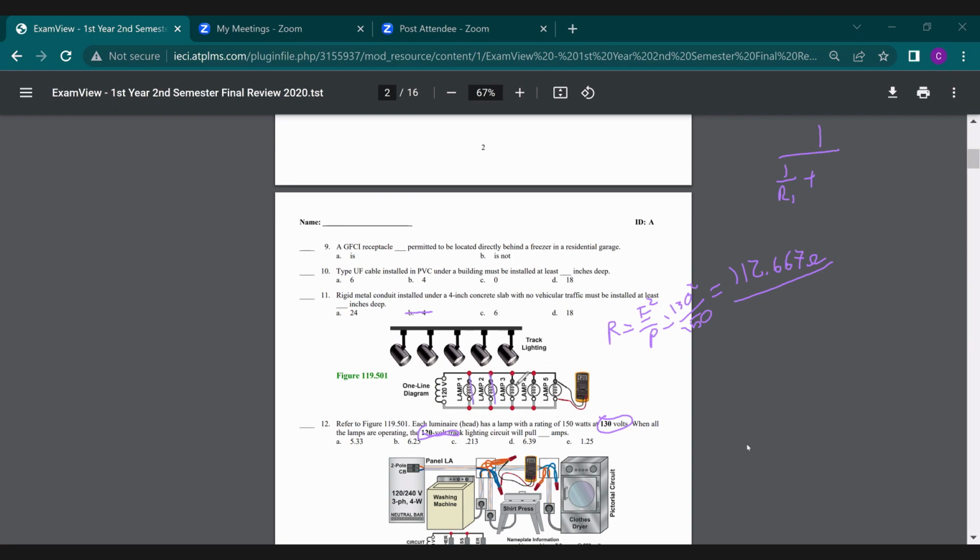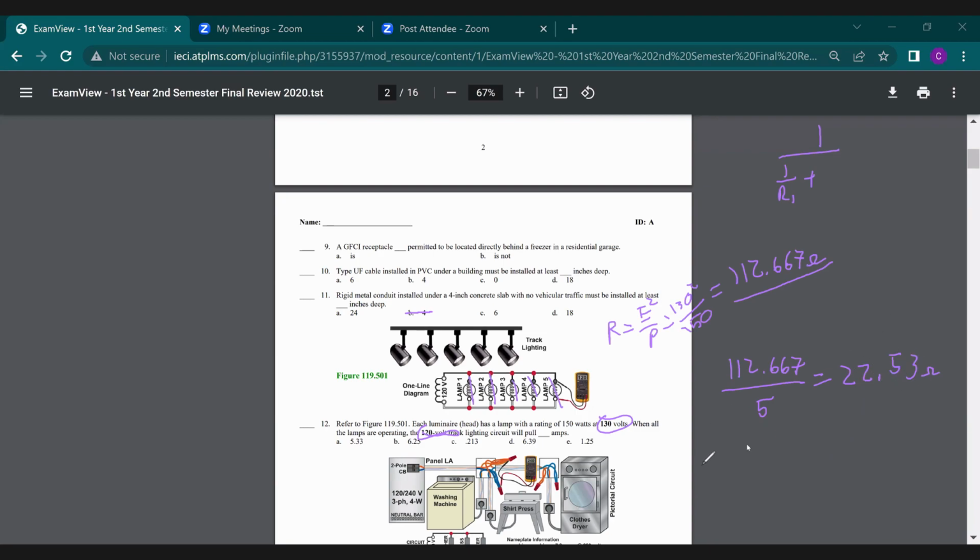So we have 1, 2, 3, 4, 5. I can take 112.667 divided by 5, and this is going to get me my resistance total. My resistance total there is going to be 22.53 repeating. All right, that's our total resistance.